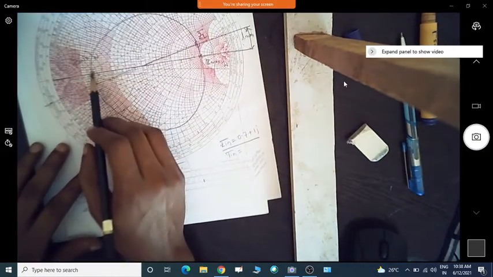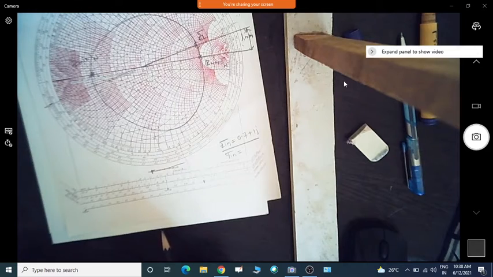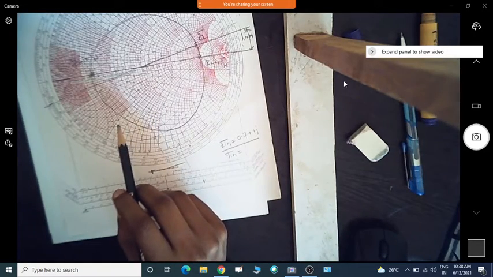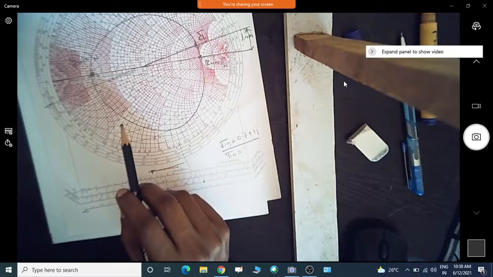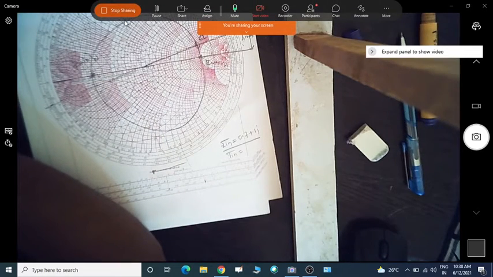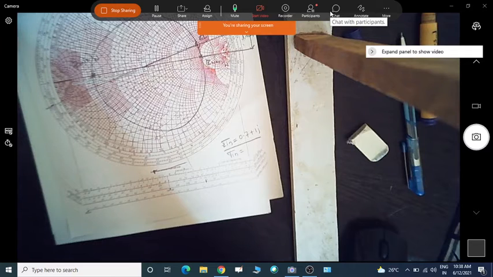Find out the value of Z minimum normalized. What is the value? Try to find out. Anybody got it?